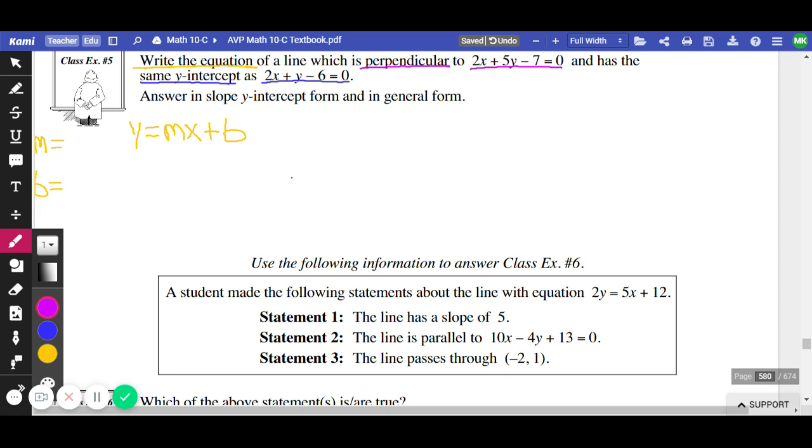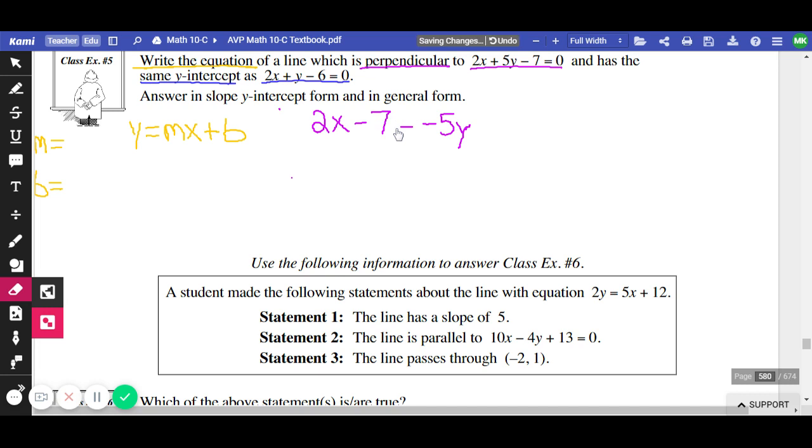So, look at this purple guy. I have 2x plus 5y minus 7 equals 0. I need to subtract 5y from both sides. That gives me 2x minus 7 equals -5y. I'm almost in slope-intercept form.